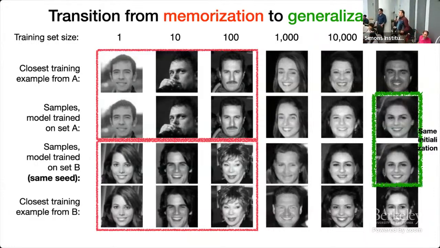So one more question. Have you thought about other ways of checking the similarity between the two p-hats that you learn through these two different data sets, other than just generation of samples? Yeah, so this is the most strict form of similarity, because we're looking at the cosine similarity.